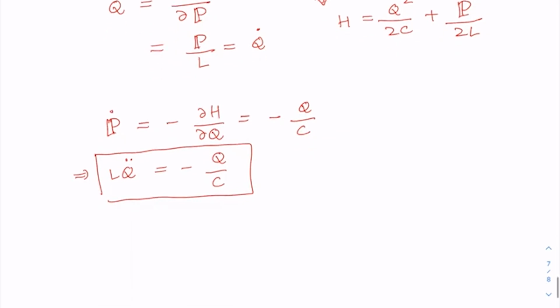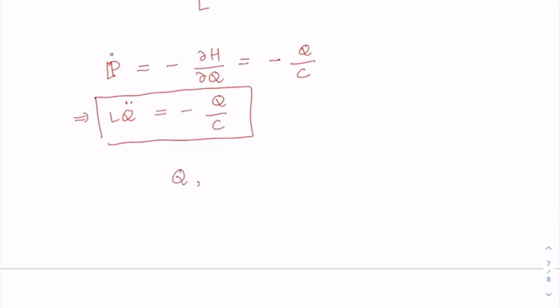So the charge q and this magnetic flux phi are canonically conjugate variables in the problem.